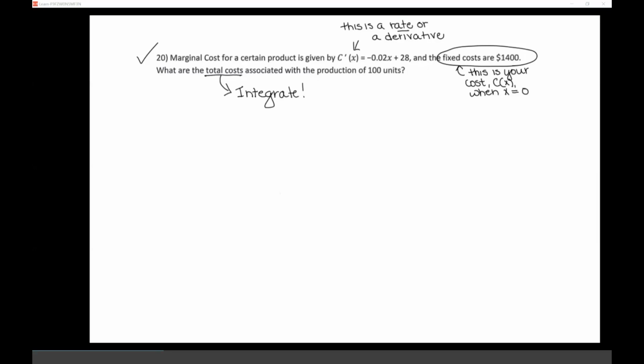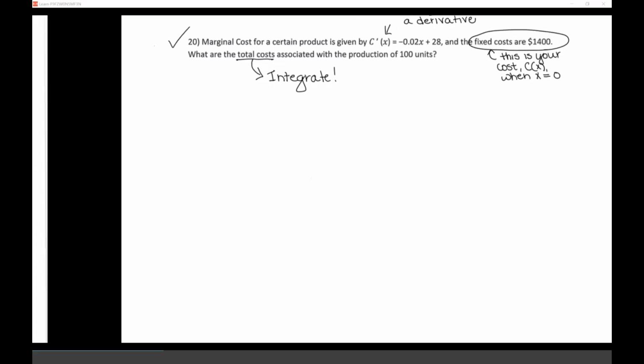We really only have two basic operations in this brief calculus course. One is taking a total function and differentiating it to get a rate, like a marginal. The other is starting with a rate or a marginal and integrating it to get the total function back. Remember, they're sort of like inverse operations. They undo each other. So I want to integrate my cost function.